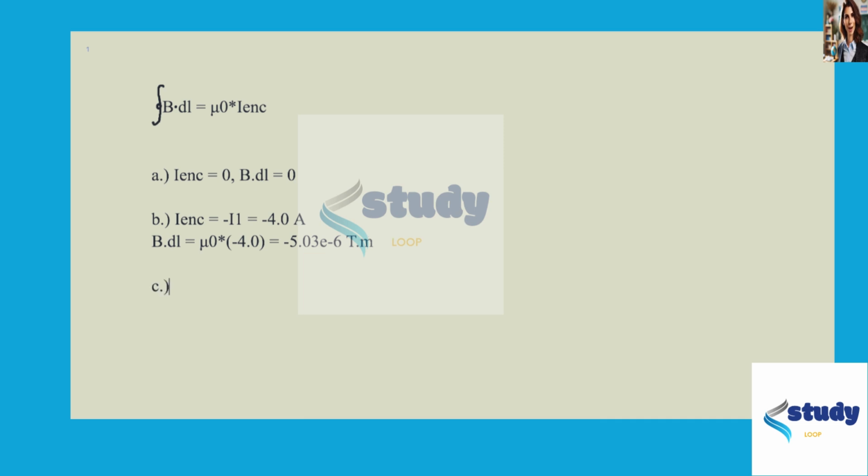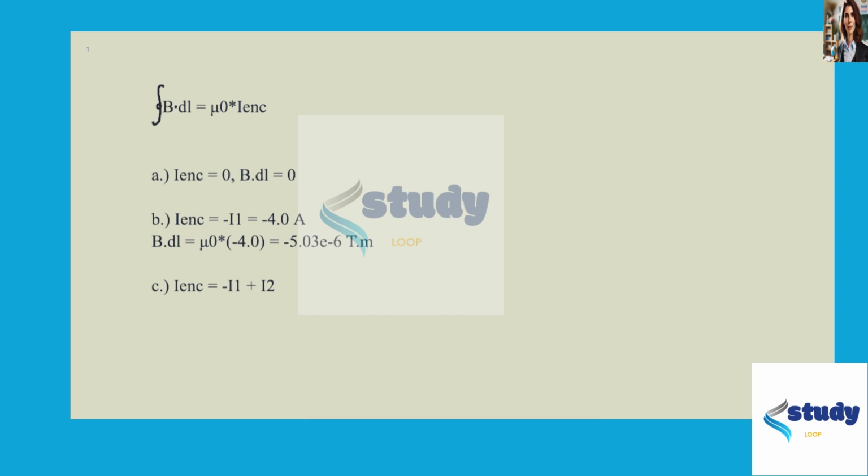Now for loop C, let's take a look. We have two currents enclosed here now, I1 and I2. Remember, I1 we take as negative because it's pointing into the page. Then we add to that I2, which is coming out of the page at us, so that will be positive.